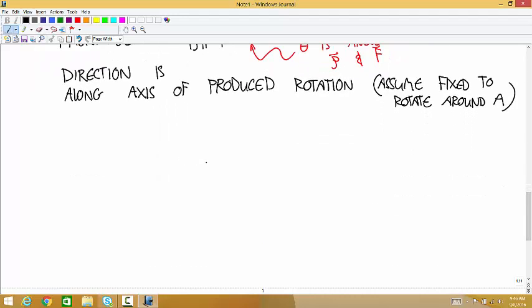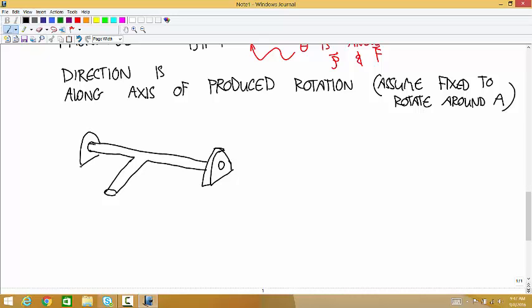So let's say that what we have here is a rigid body, and so this piece that's two rods connected, if I apply the right moment, I can get it to rotate this way.